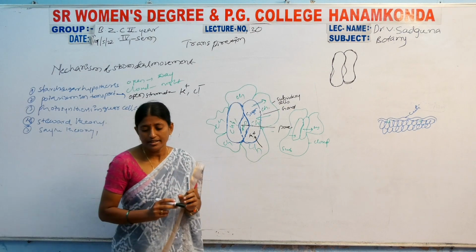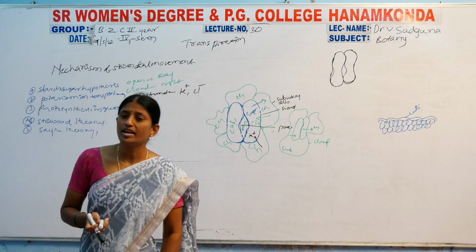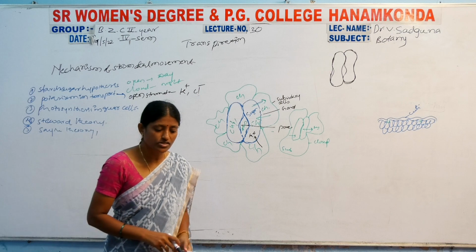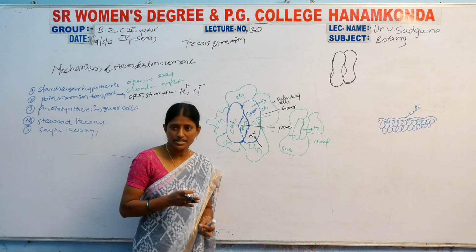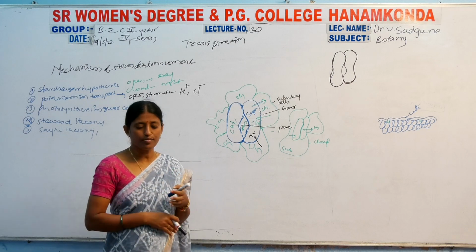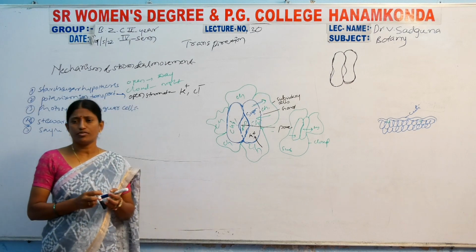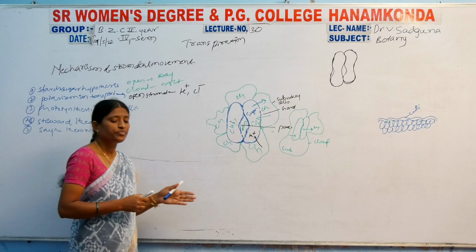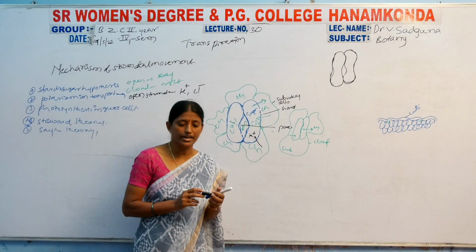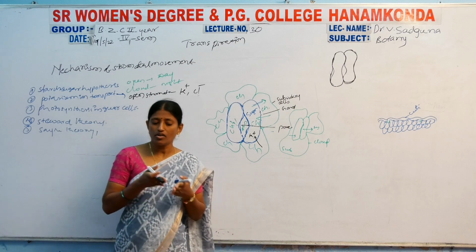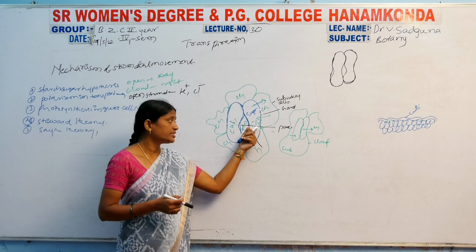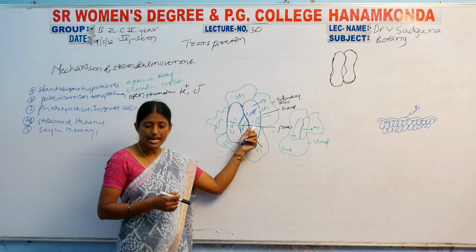Then the conversion of some types of the starches, different types of the starches or sugars, as a result of its involving the pressure, that is the different types of increasing levels of the ions. So for example, negative kind of ions, chloride ions, then enter the guard cells. Then chloride ions also enter the guard cells.